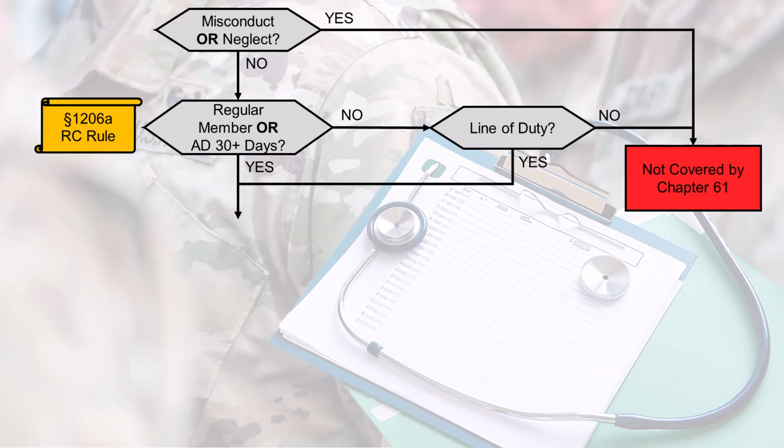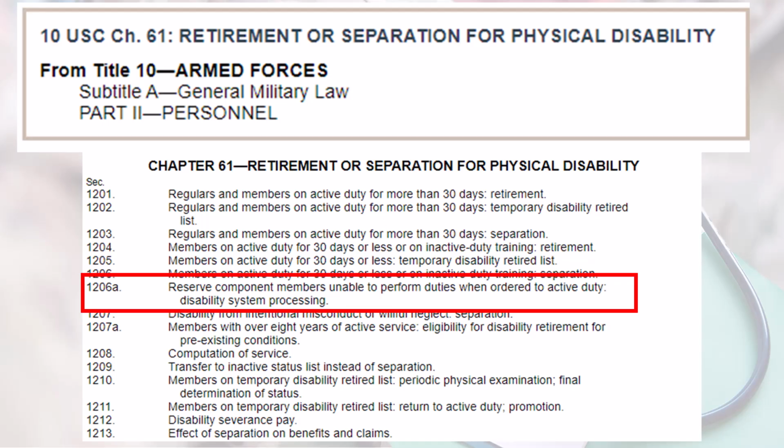This says that if a reserve component member is ordered to active duty for more than 30 days, say they have orders for a 12-month deployment, but they fail to meet the physical standards for retention for some non-line of duty issue, then they can be released from active duty before the 30-day mark and be treated as if their orders were for less than 30 days. It's one of the reasons that medical readiness is a big deal with the reserves.